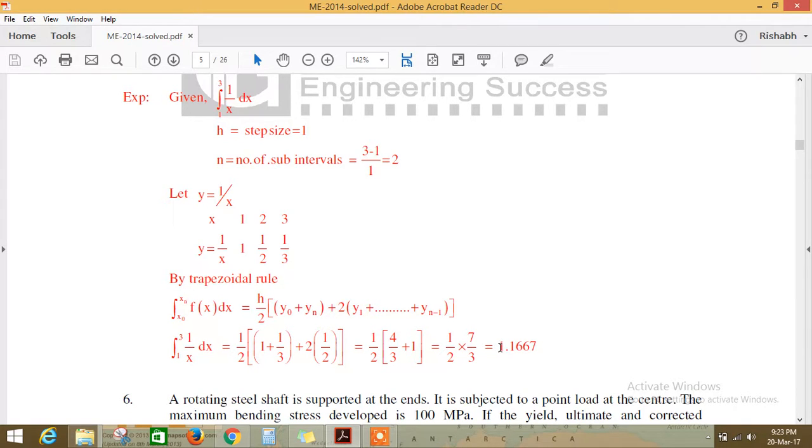So you will get either greater or less, but somewhere near log 3. Okay, so by this you can check whether you have done the calculation correctly or whether you have applied the correct formula.